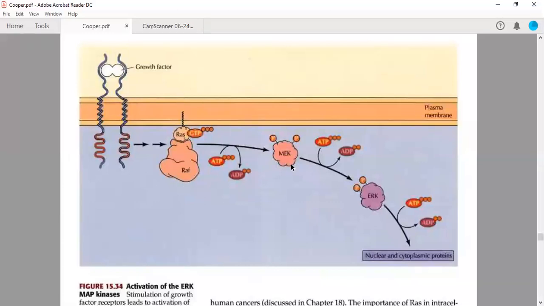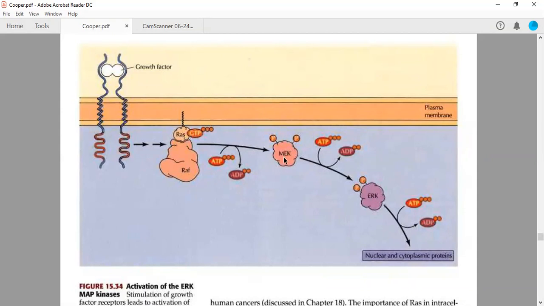So in this pathway, this is called MAP kinase pathway because this ERK is actually called MAP kinase, and this MEK, which was a dual specificity kinase, which is either a threonine kinase or a tyrosine kinase, is a kind of kinase which will phosphorylate the MAP kinase.